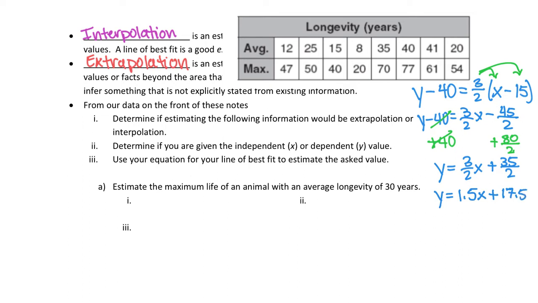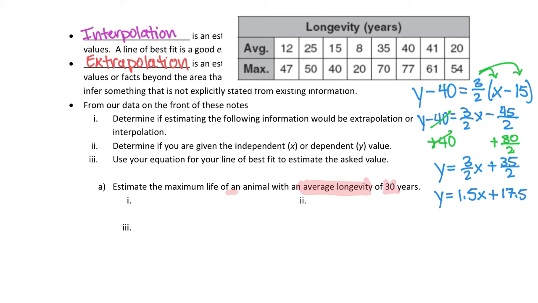All right, now we're ready to finally answer our questions. Determine if estimating the following information would be an extrapolation or an interpolation. So for this problem, it says estimate the maximum life of an animal with an average longevity of 30 years.